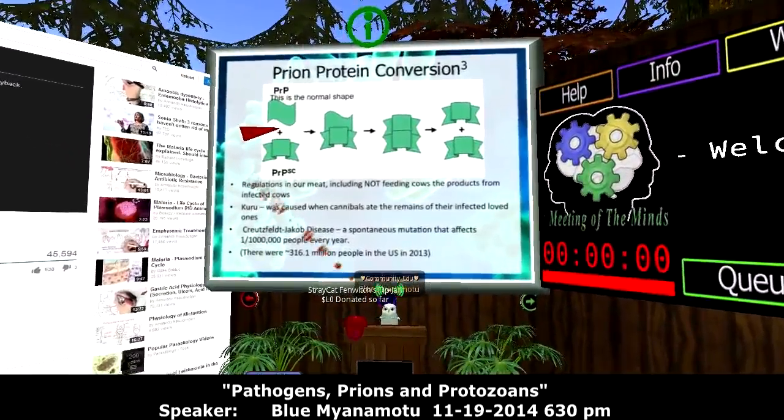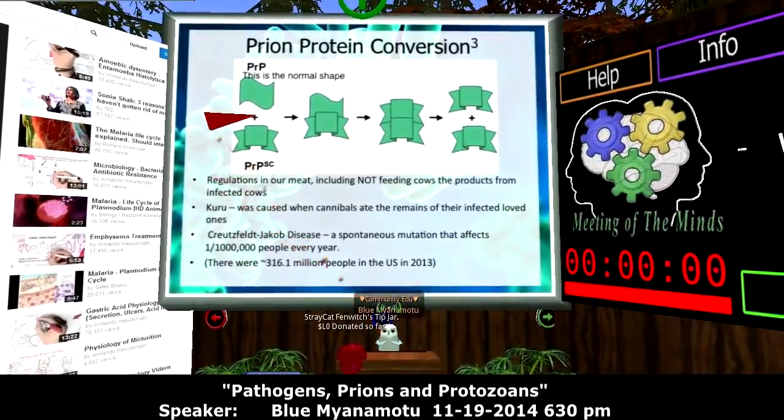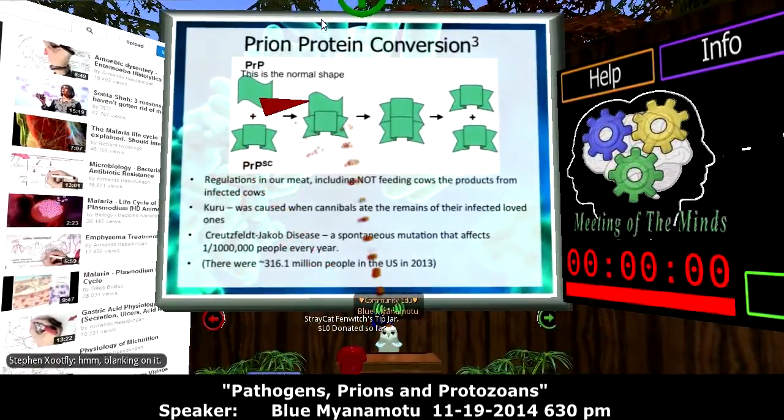Maybe Stephen remembers, but prion protein SC means it's the mutated form. When they touch each other, it starts a reaction, and for some reason it folds the normal protein into a prion protein.